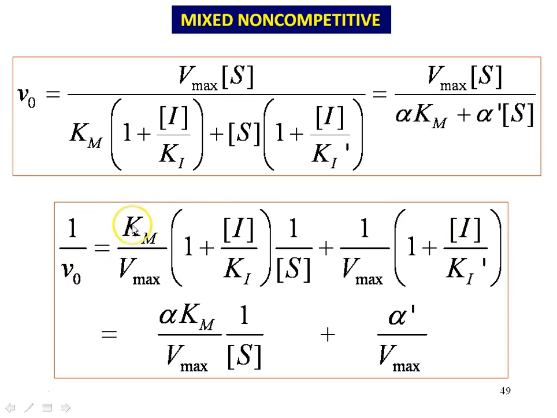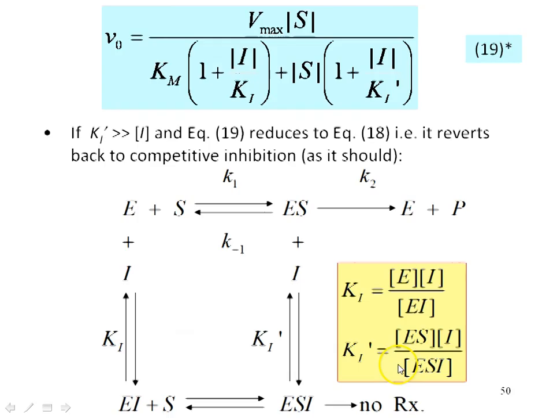So 1 over V0 is equal to Km over Vmax times alpha times 1 over S, plus 1 over Vmax multiplied by alpha prime. So it's equal to alpha, which is this one, multiplied by Km over Vmax times 1 over S, plus alpha prime, which is this term, over Vmax.